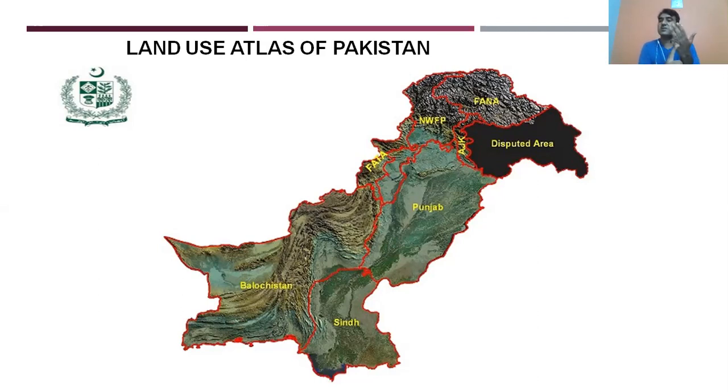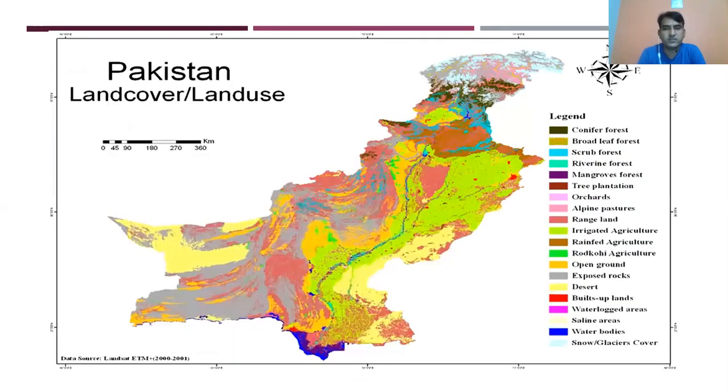How much is forest land, mountainous area, desert area, how much is covered by the Indus Plains, water bodies, or the Balochistan Plateau. This is called land use: how much land is used by the different aspects of the physiography. This is Pakistan's land cover or land use.